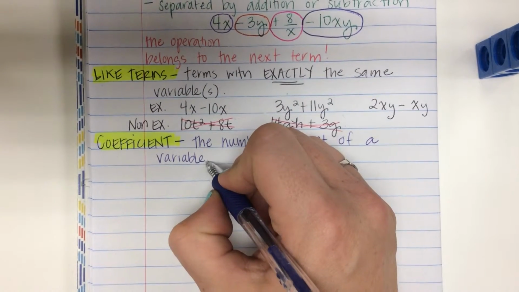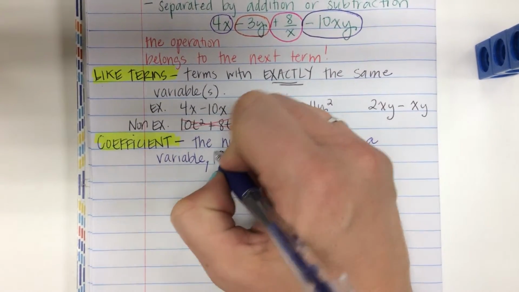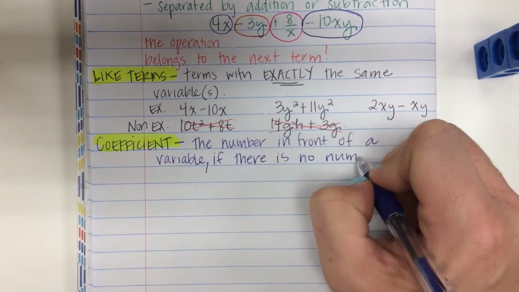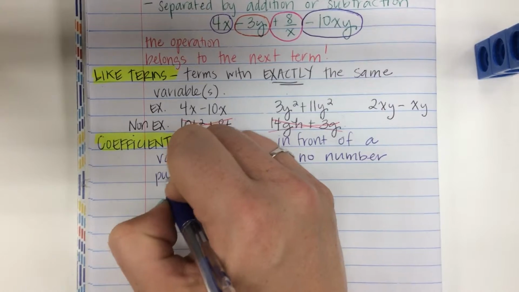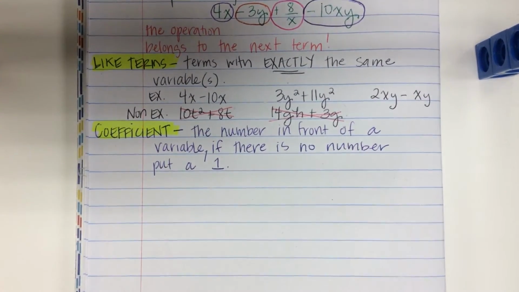What if there's no coefficient? What if there's no number? What if it just says x? Emma? Good. If there is no number, put a 1. And it seems ridiculous, and it seems redundant, and it seems like you're wasting your time. But if you squeeze that 1 in there, I promise your rate of making a mistake drops.